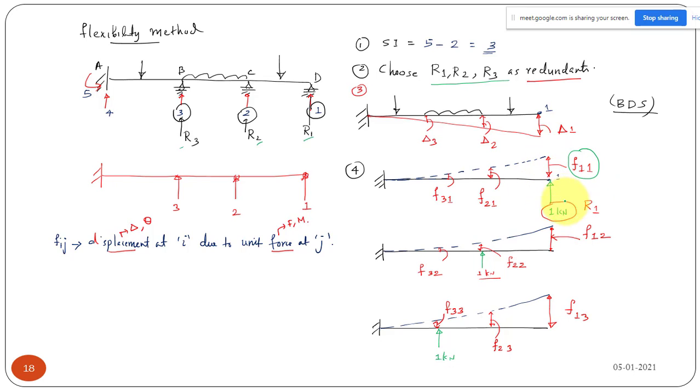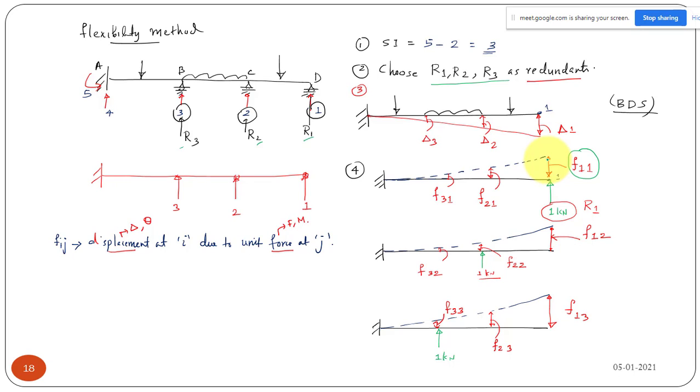If it is 1 kilonewton and I have F11, and now I have R1 kilonewton, what is the value of this deflection? Is there any relation between your load and deflection in your structure?